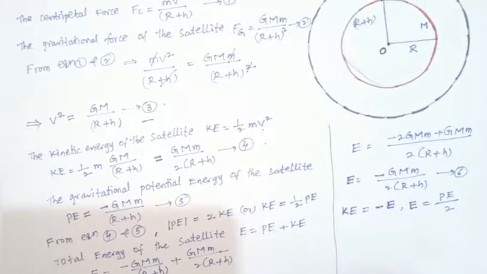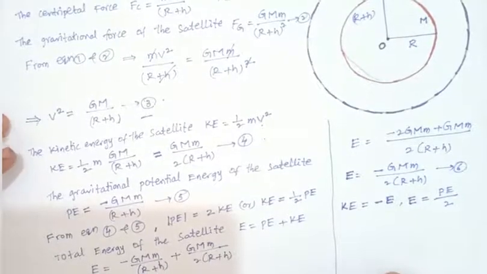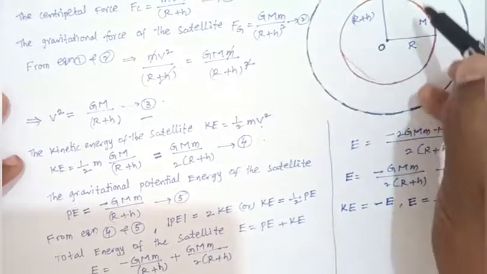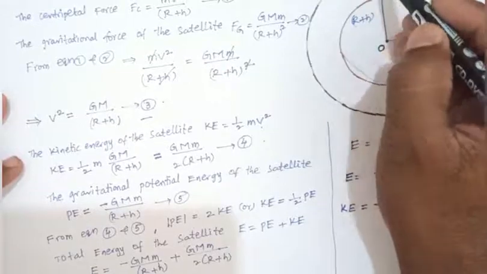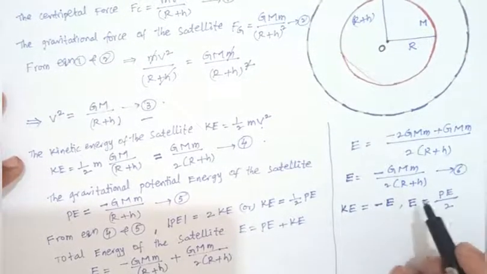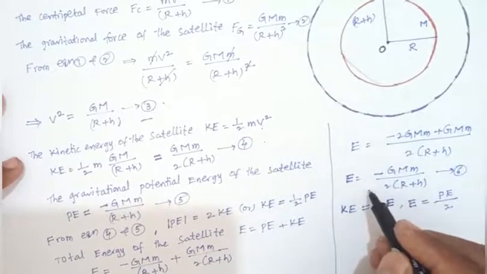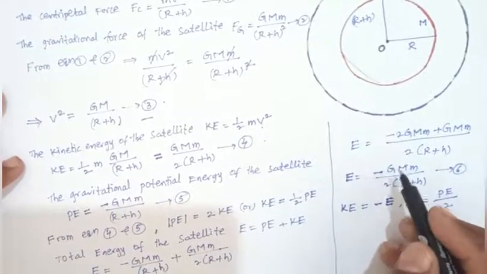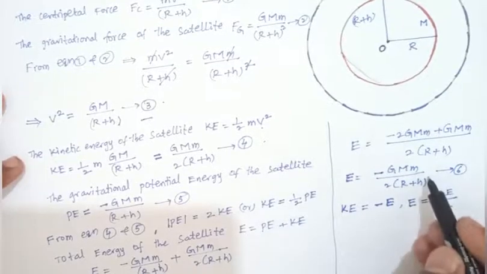So the total energy of the satellite for a circular orbit is negative, with a negative potential energy.